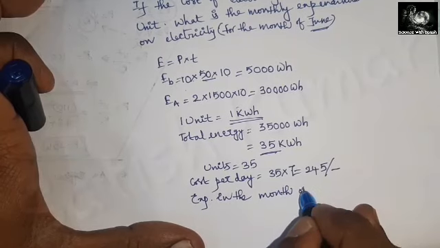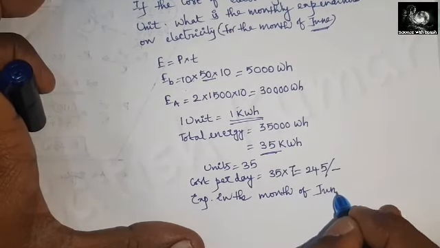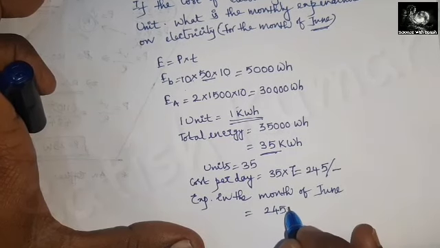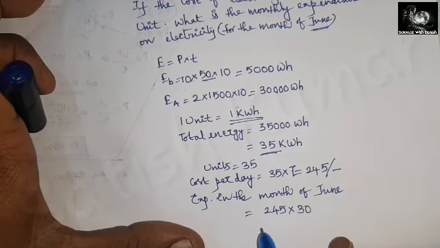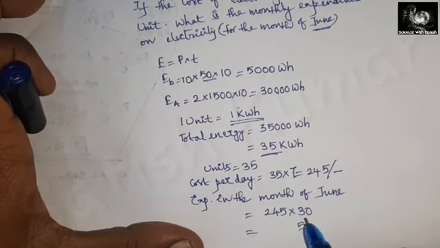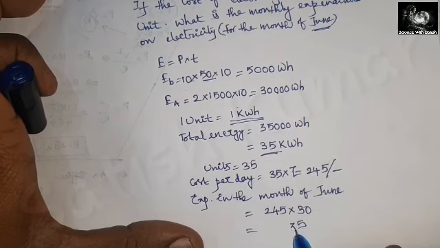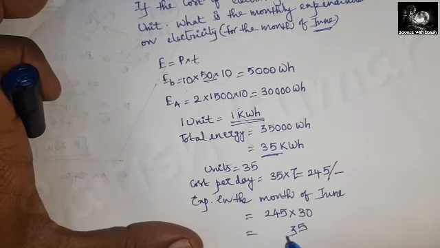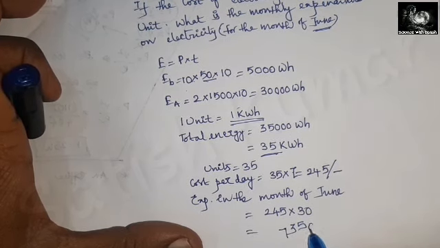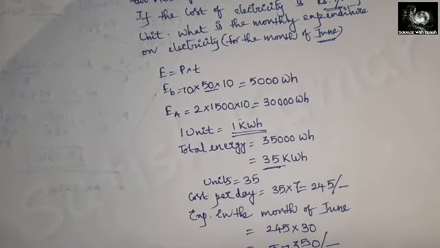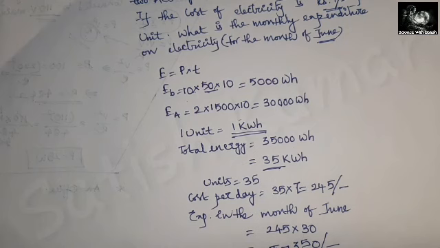June month contains 30 days. So 245 rupees into 30 days is equal to 7,350 rupees. So this is the expenditure in the month of June.